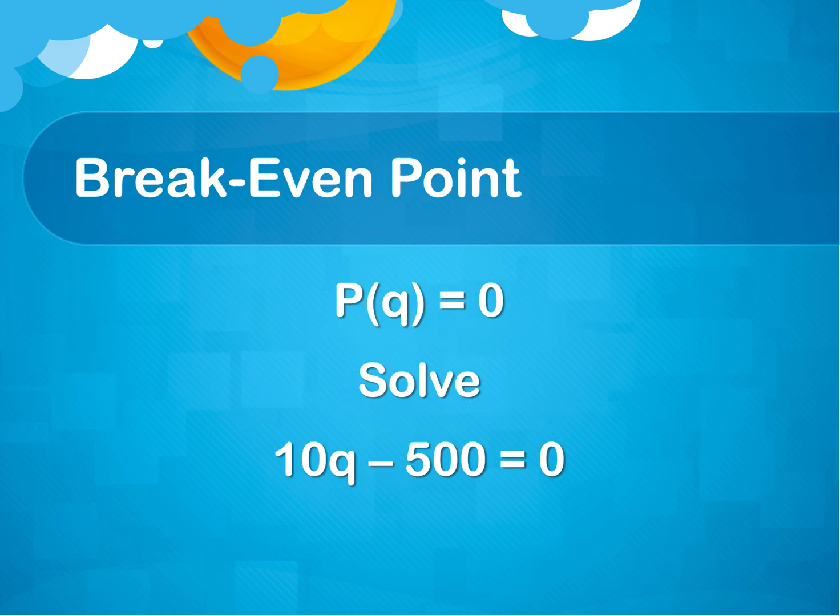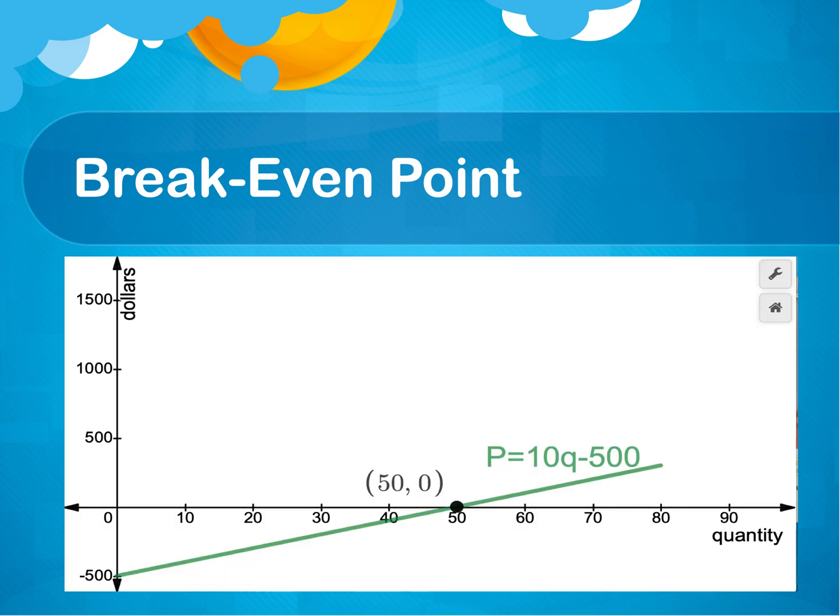So remember, the break-even point is when the profit is equal to 0, or, as we just stated, revenue was equal to cost. So if we consider the profit function and try to solve when the profit would be equal to 0, here we illustrate on the graph, where here I have in green the profit function, 10Q minus 500, and the point at which the profit is equal to 0, the intercept along the quantity axis in this case.